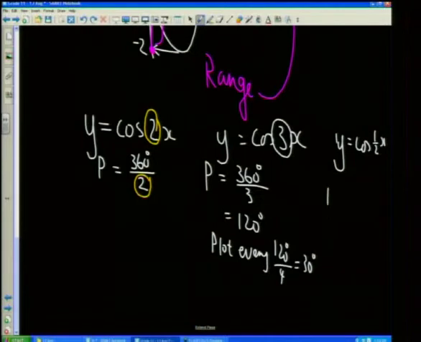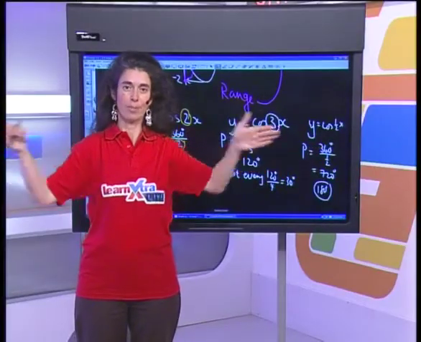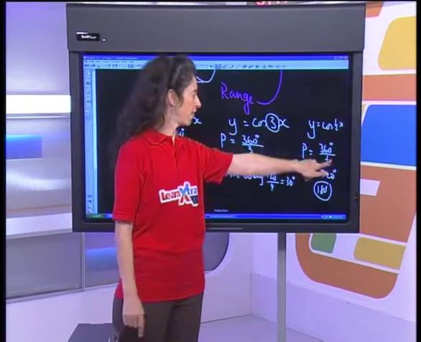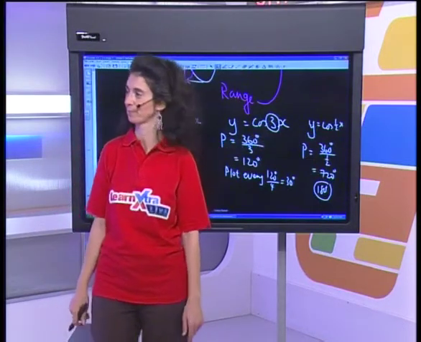And this one, the period is 360 divided by a half, which would give us a period of 720. So here I'm going to be plotting every 180 degrees. This one actually extends that graph. It doesn't compress it, it just widens it further. So yes, you always divide by the given coefficient. You don't have to change it. Good question.